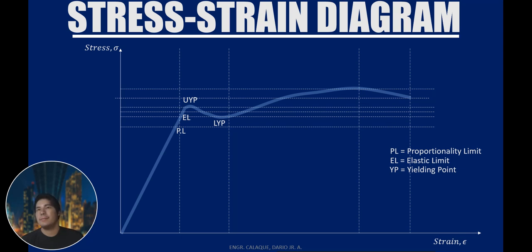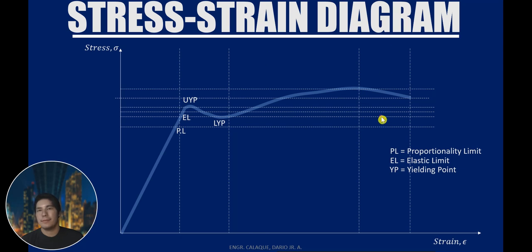So, deform siya. So, when we release that force, deform pa rin yan. So, meaning yung paper clip undergo a plastic yielding. So, when we apply the force and then we release it, it doesn't go back to its original position. Then, that material undergo the plastic yielding.